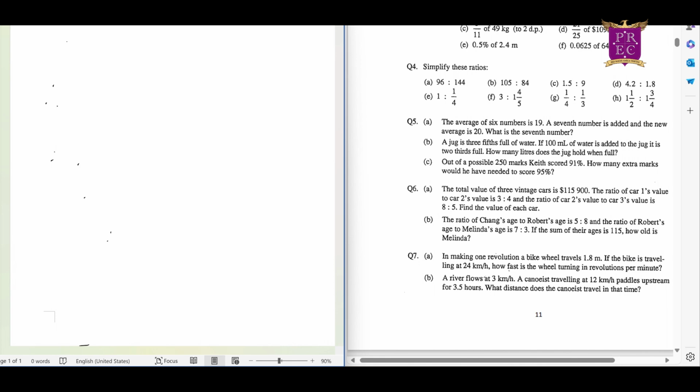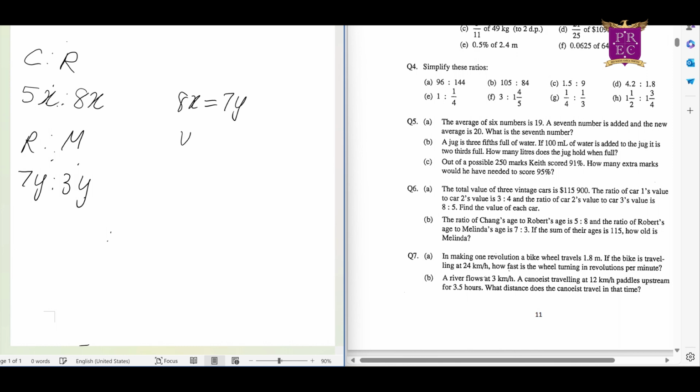Chang's age to Robert's age is 5 to 8. So Chang to Robert is 5x to 8x. I think I know where I went wrong. And then Robert's age to Melinda's age is 7y to 3y. We know that Robert's ages are equal, so 8x is equal to 7y. y is equal to 8x on 7.